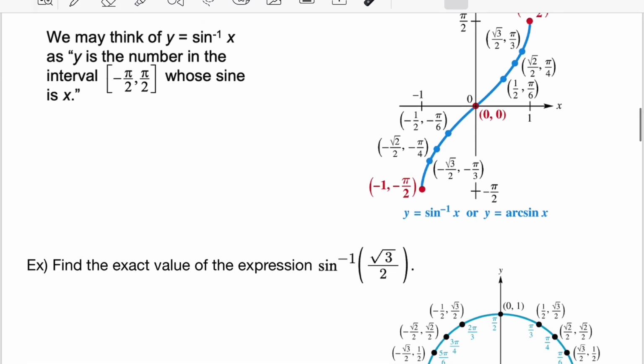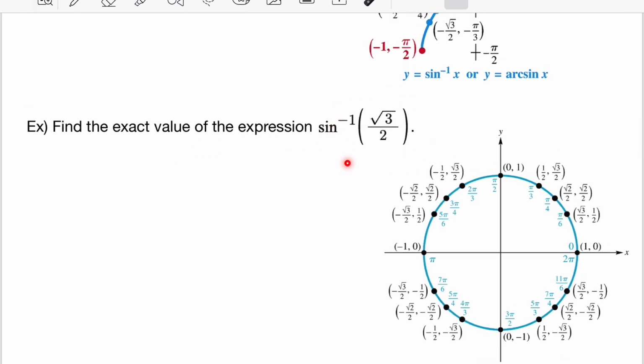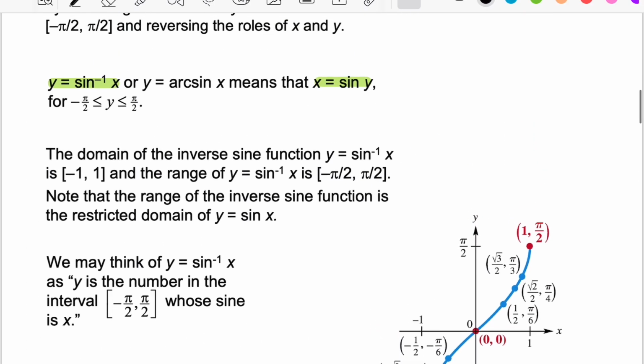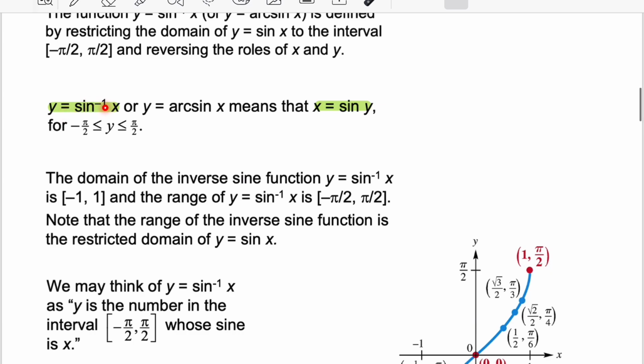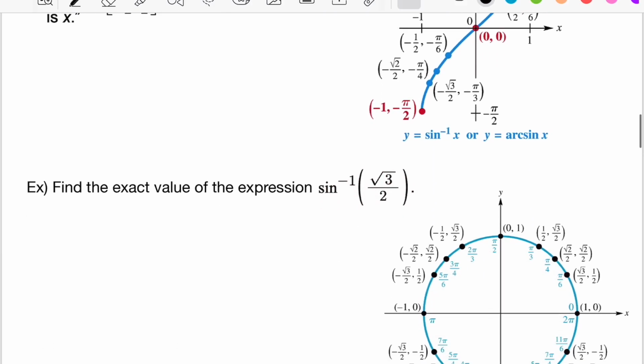So let's look at an example here. We want to find the exact value of this expression here. What we'll do is use the fact that if y is equal to arcsine of x, then this means x is equal to sine of y. So we can rewrite this guy in that alternate form. We have y is equal to sine inverse of root 3 over 2.